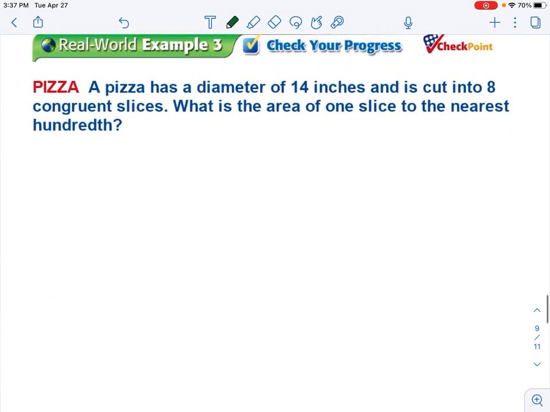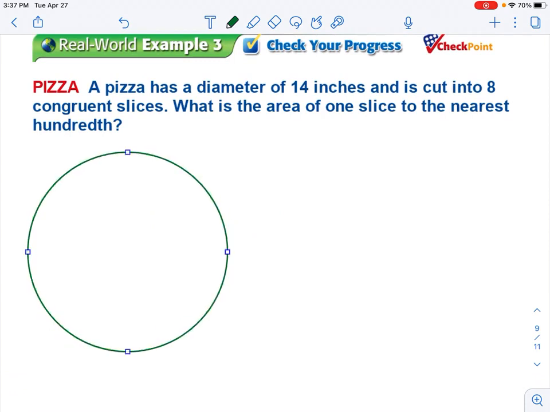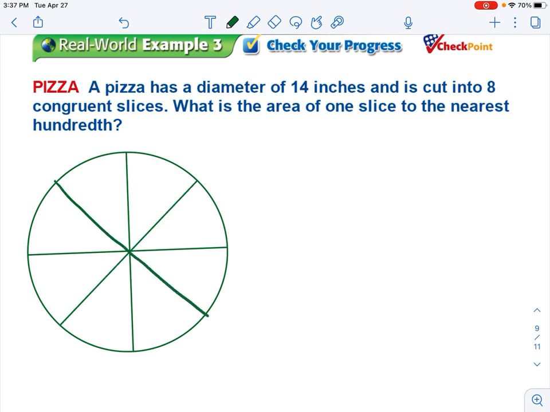Let's do another one. A pizza this time has a diameter of 14 inches and is cut into 8 congruent slices. So 1, 2, 3, 4, 5, 6, 7, 8.